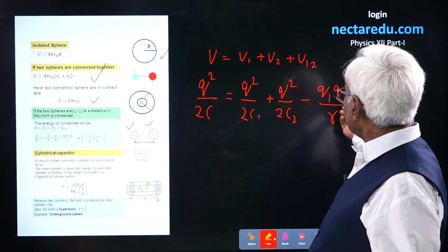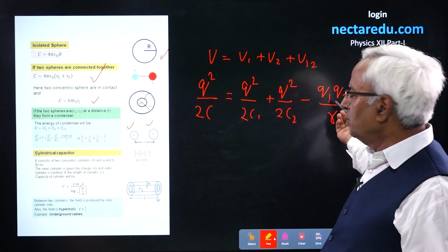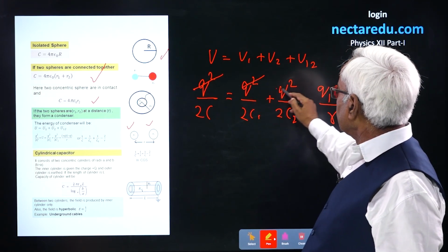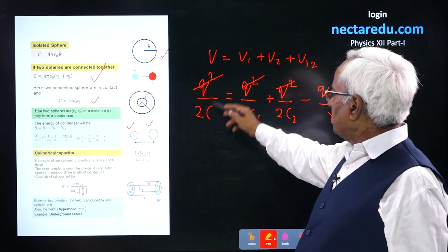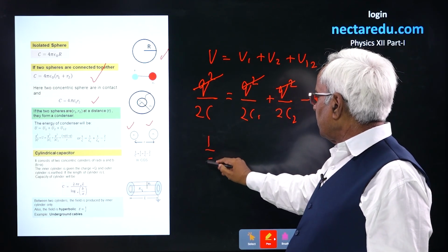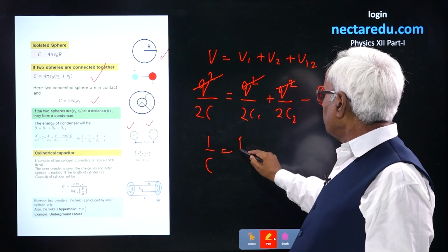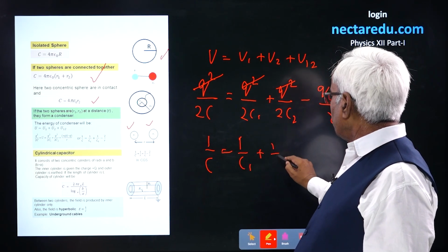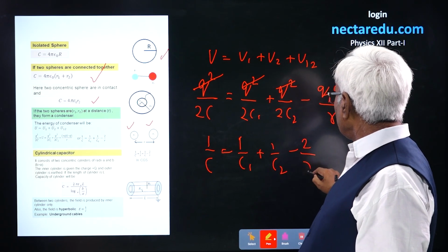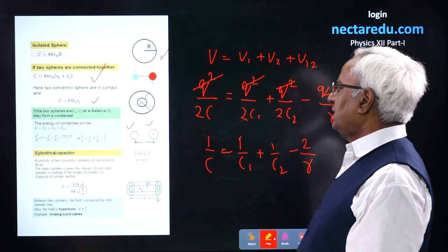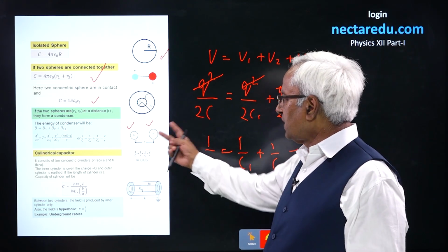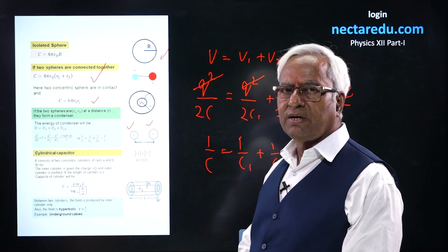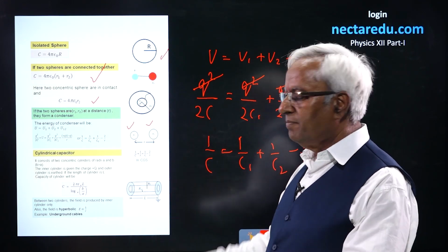So better you consider both Q1, Q2 equal to Q itself, and that way it will get cancelled, multiplied by 2, then you finally get 1 upon C equal to 1 upon C1 plus 1 upon C2 minus 2 by R. This is the capacity of this type of condenser, which is not given any specific name.